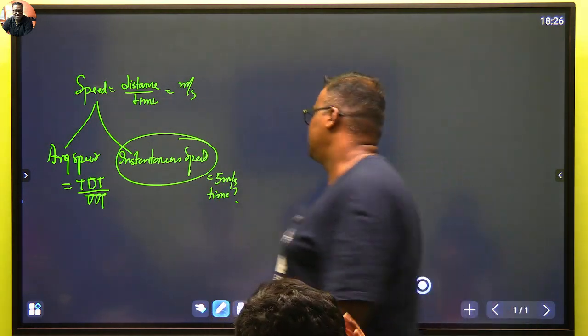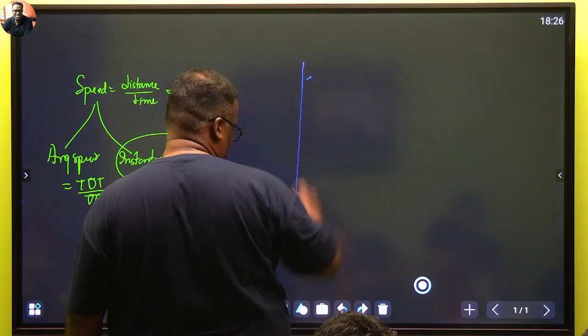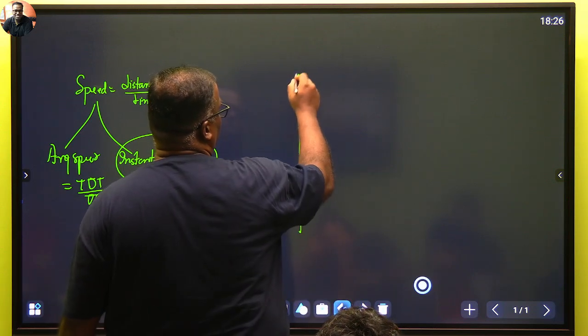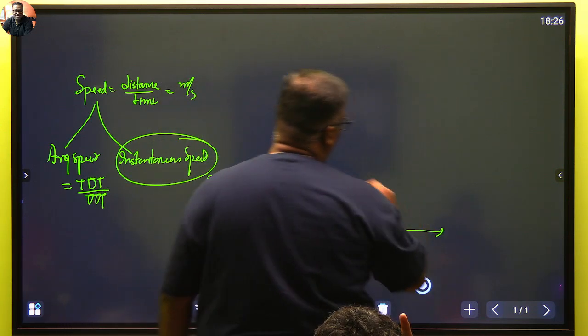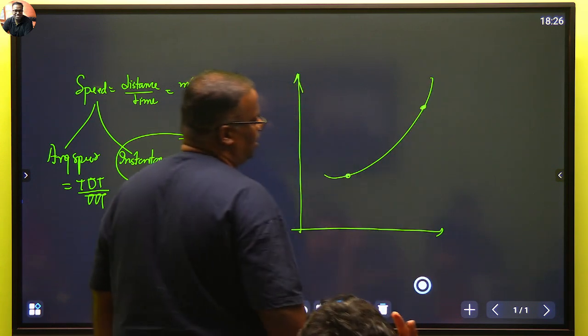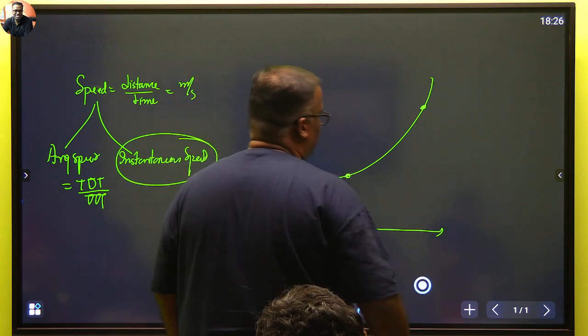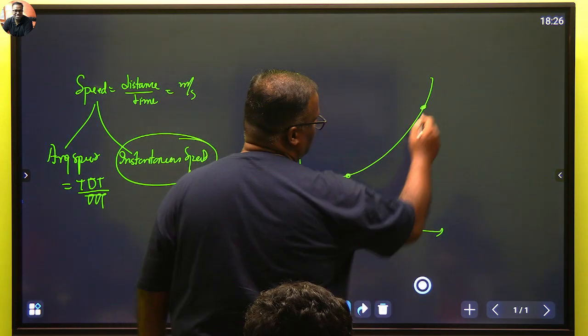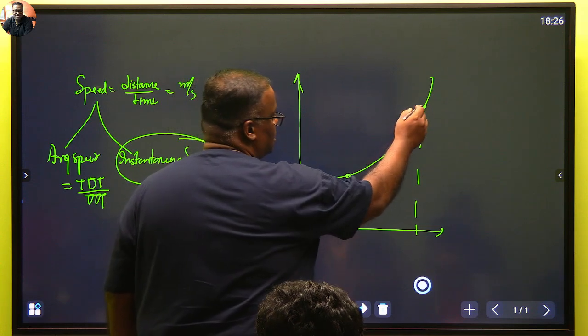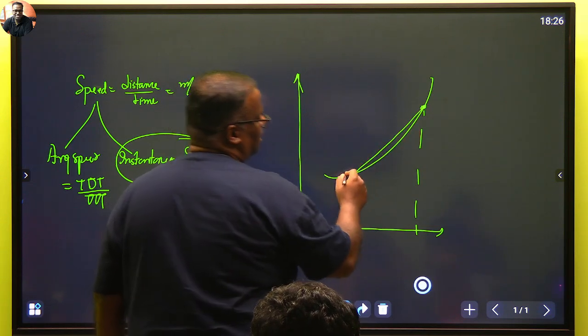See, it's like this. In grade 11, the problem will come like this. A body is moving in a curve from this position to this position, and the time is from here to here. Now if you want to find the average, what will you do? This is the average, and this is the time.